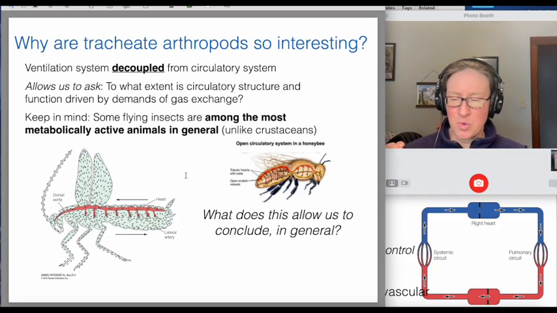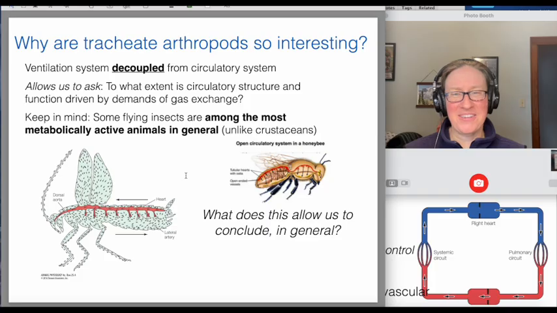And to refine this question further, keep in mind that flying insects are among the most metabolically active animals in general, right? This is a distinction from crustaceans. Crustaceans don't really stand out in this regard. The flying insects, think of them as being a little bit closer to hummingbirds. They're highly metabolically active.